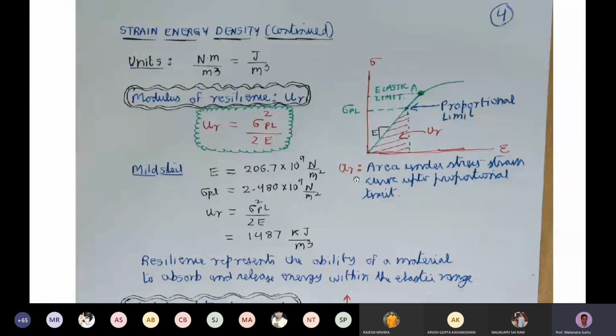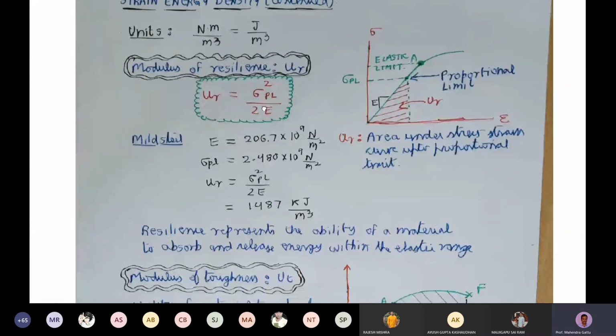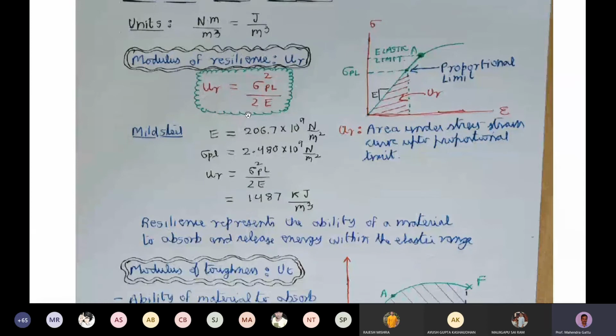So for mild steel, the Young's modulus is given as 206 into 10 power 9 Newton per meter square, or 206 gigapascal, and the proportional limit is 2.480 into 10 power 9 Newton per meter square. That is 2480 megapascal. That's too much.